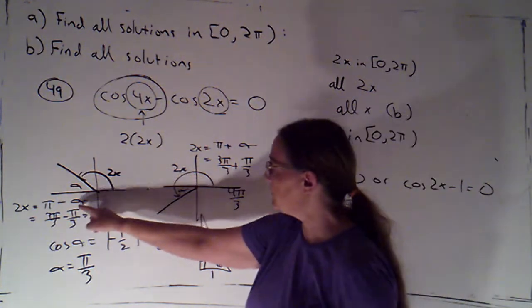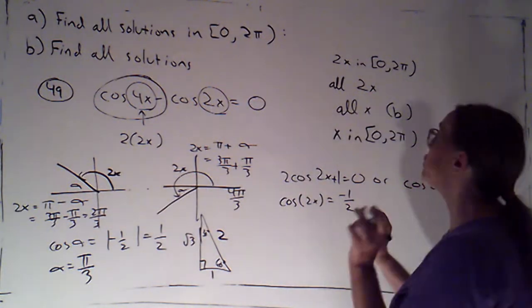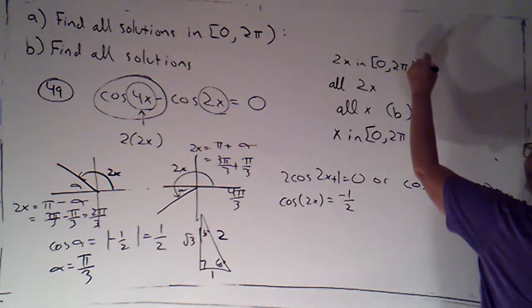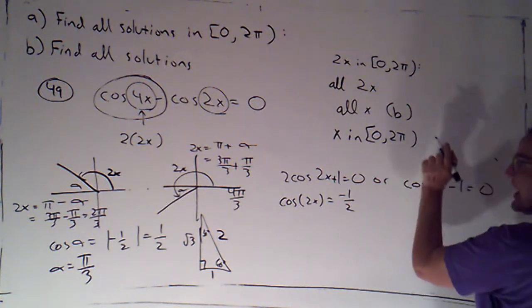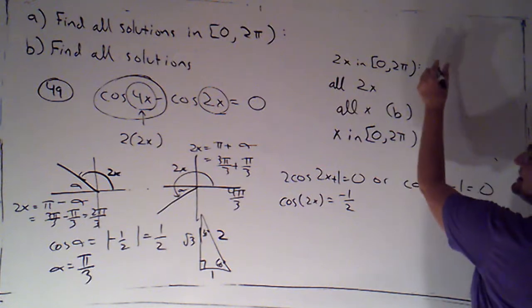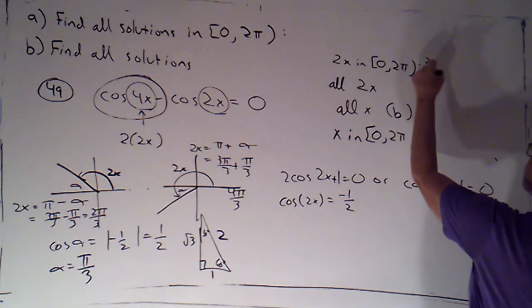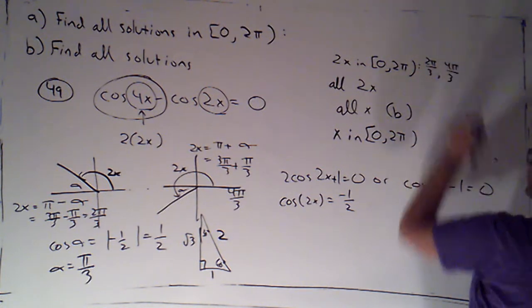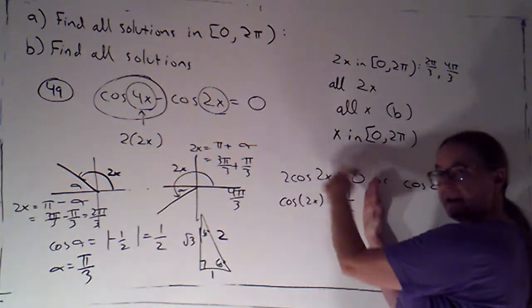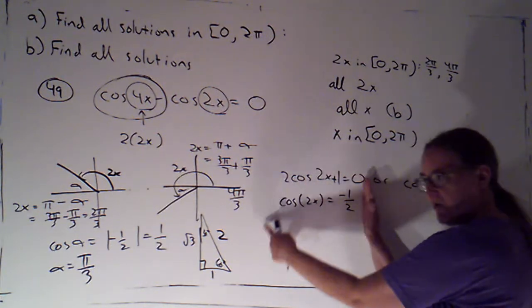So that's two solutions right there, but those are values that 2x could be. So I'm very carefully labeling that. Those aren't values of x, they're values of 2x. So that was 2 pi over 3 and 4 pi over 3. I got those from setting that first factor equal to 0.